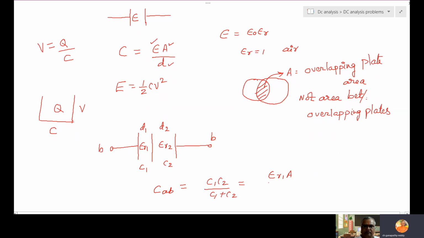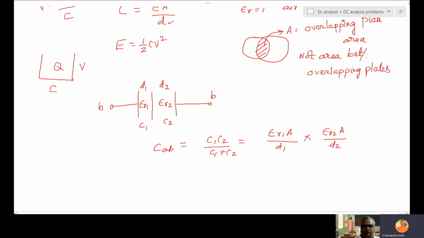Into epsilon R2 A by D2, by epsilon R1 A by D1 plus epsilon R2 A by D2. So like this, you can find the capacitance across A and B. And these two capacitors are connected in series.